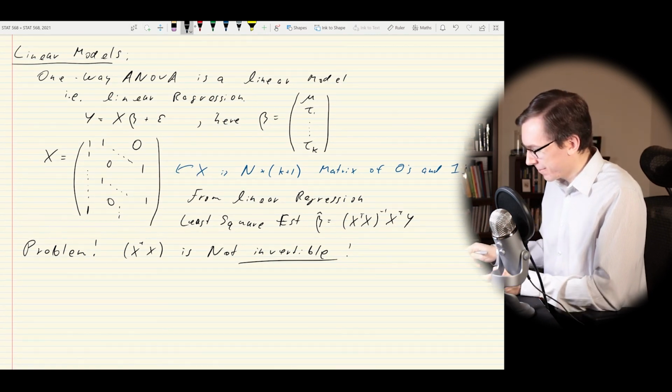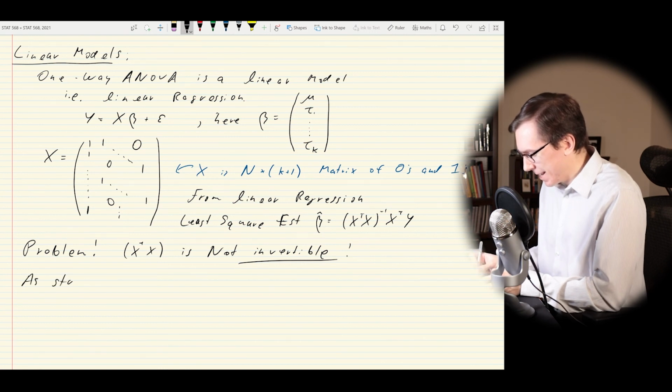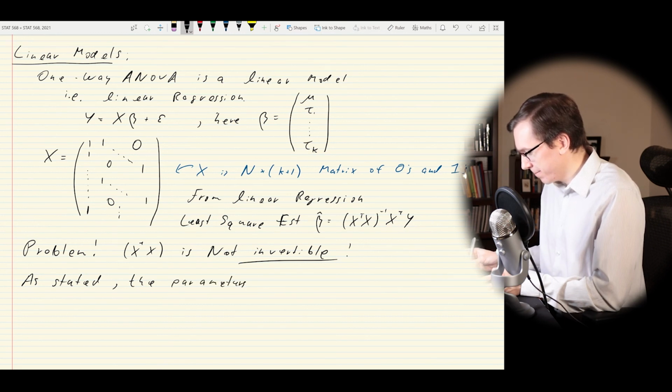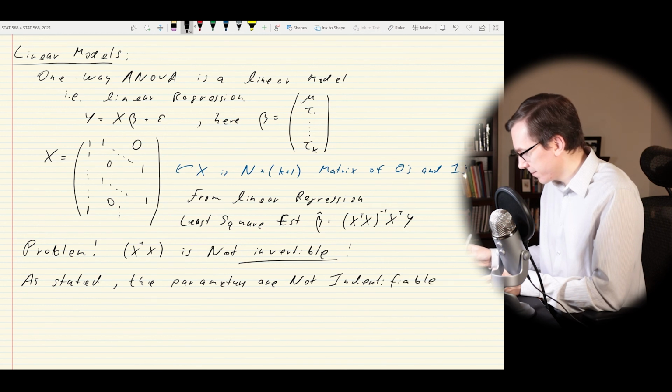So the point is that, as stated, the parameters are not identifiable. So what does that mean?